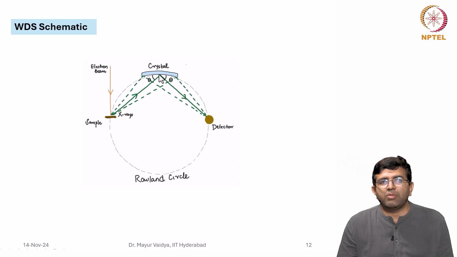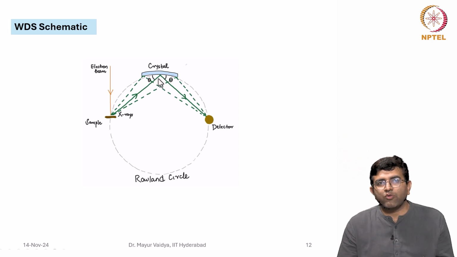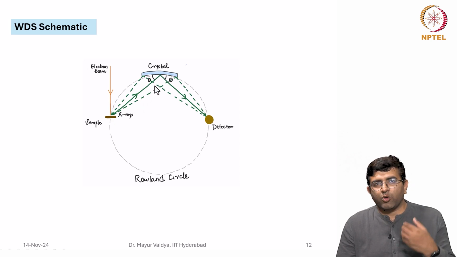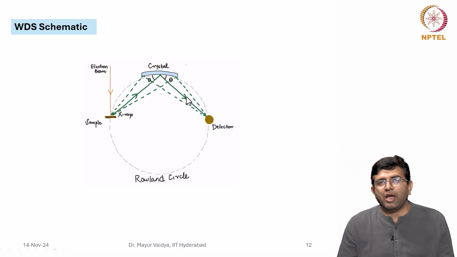These X-rays fall onto an analyzing crystal. These crystals are usually single crystals which have specific planes. The orientations are taken care of, and when the X-rays fall at the Bragg angle, when the Bragg law is satisfied, then diffraction happens and the diffracted beam is detected in the detector.